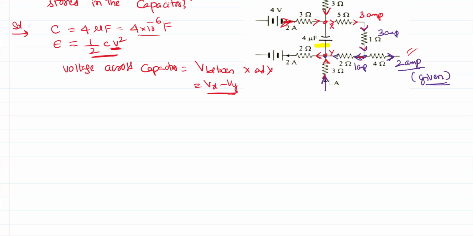It becomes 2 ampere, and that 2 ampere will go this way as given in the problem. So the current flow is conserved at every junction, and we shall take the missed current of 2 amperes leaving that junction for granted.